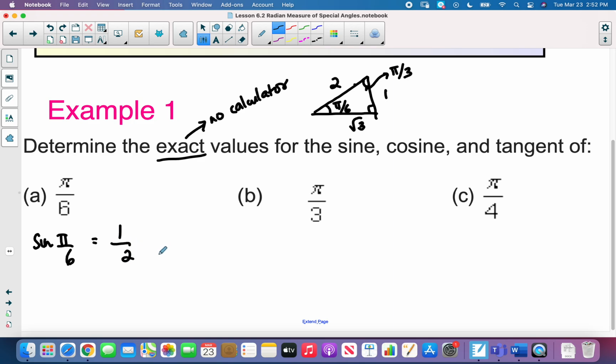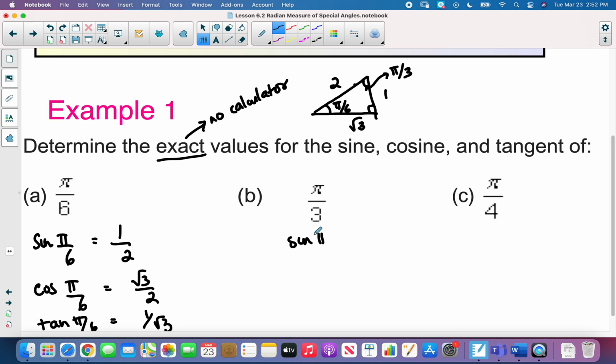And cosine of pi over 6 is adjacent side over hypotenuse, which is root 3 over 2. And tangent of pi over 6 is opposite over adjacent, which is 1 over root 3. Pi over 3 is a 60-degree angle that's here.